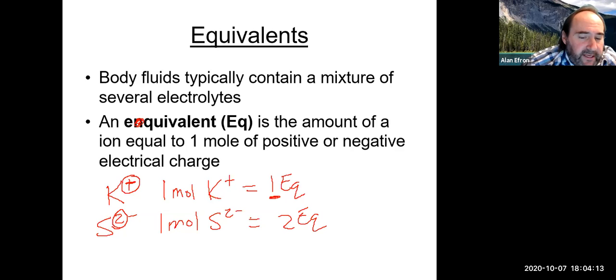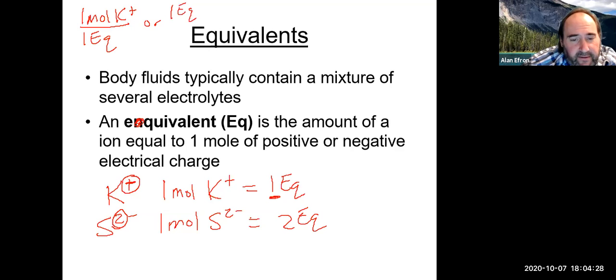And in most cases, what we will use this for is a conversion factor. We could say in 1 mole of potassium there is 1 equivalent, or in 1 equivalent there is 1 mole of potassium ions. And we could do the same thing for this guy.